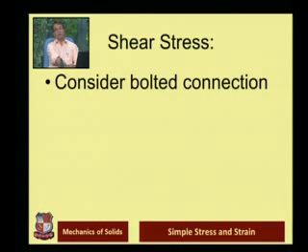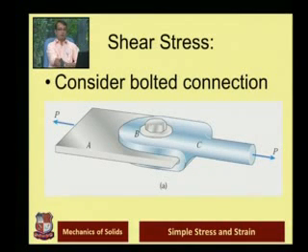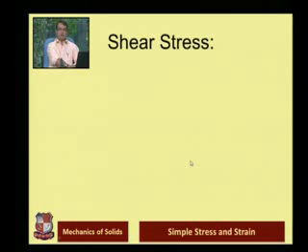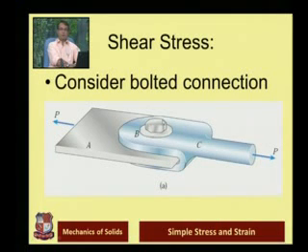Now here, to understand the shear stress, I have taken the example of a bolted connection. Here is the figure of the bolted connection. Here this plate is covered by this bar, or you can say its connection, and it is bolted. The B is the bolt, and here we are applying force on two components, that is plate A and plate C, and we are applying tension.